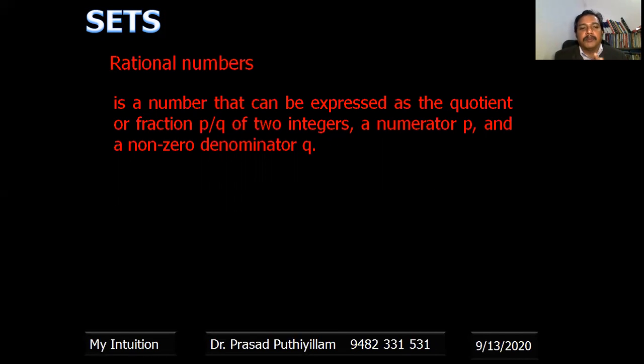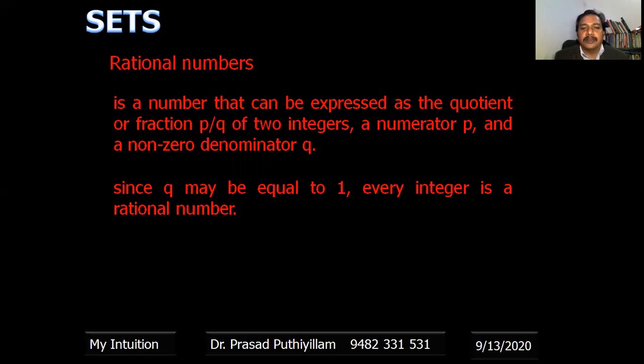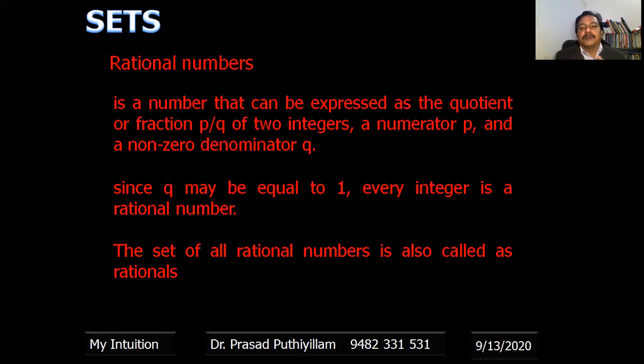If q is 1, then every integer becomes a rational number. We are discussing sets, so the set of all rational numbers, we can call rationals.